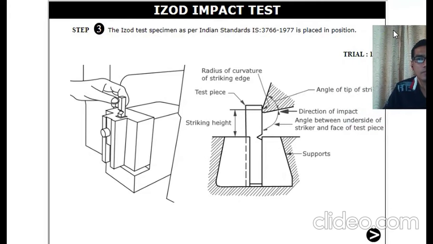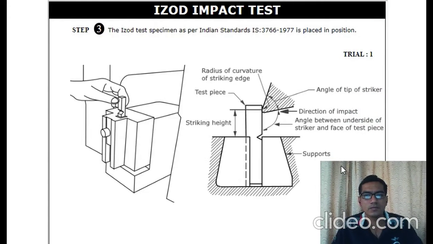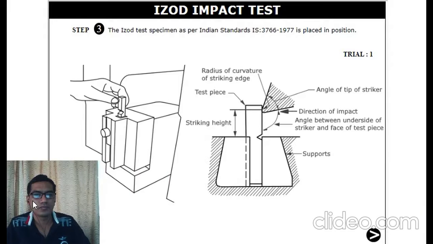This step is for trial number 1. For trial number 1, the Izod test specimen as per Indian standard is placed in position. Here you can observe the sample is placed or fixed on the anvil. This is also the diagrammatic representation of the arrangement of the specimen. Here the supports are the parts or elements of the anvil.